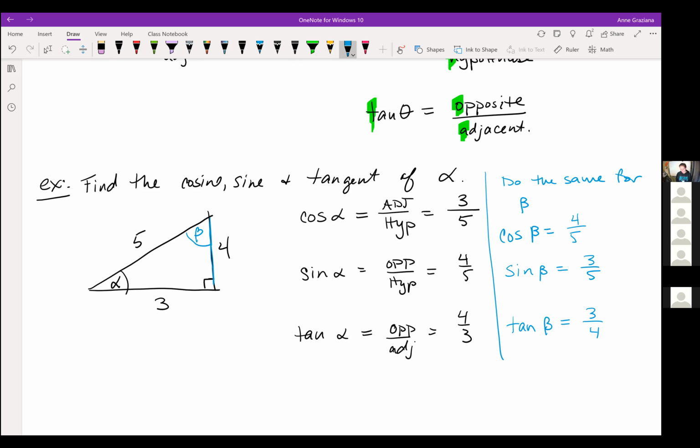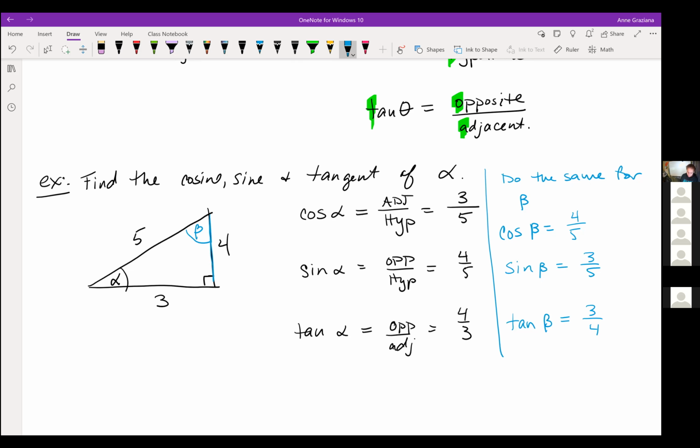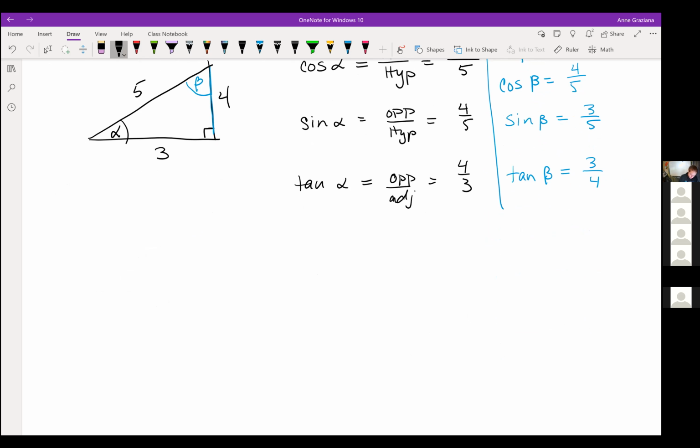All right, here's an example. Example 2.